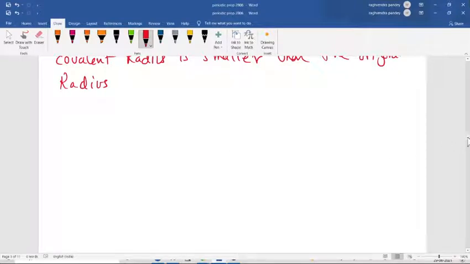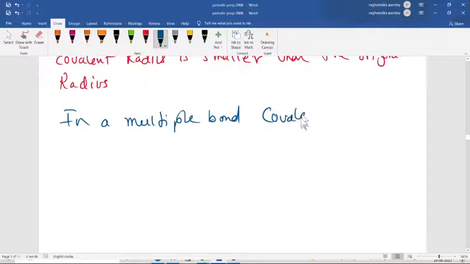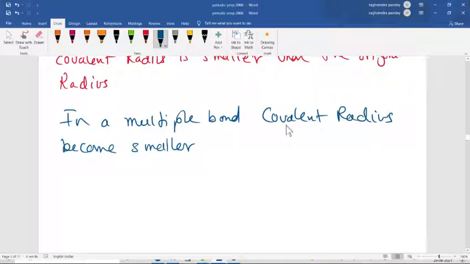Now, if the bond becomes multiple, in a multiple bond the covalent radius becomes smaller.